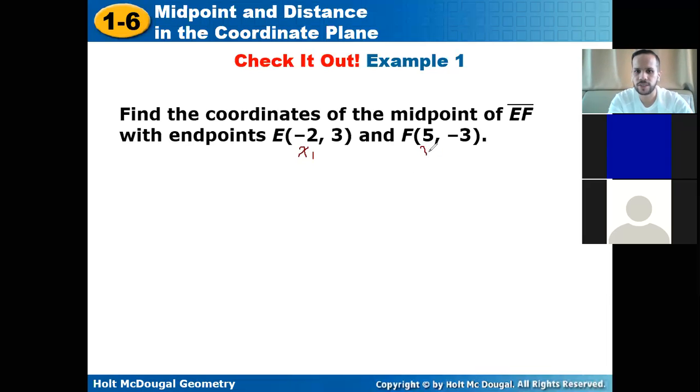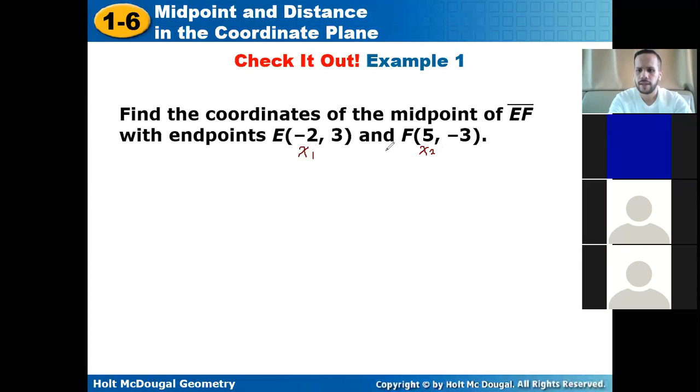So that is x2 because 5 is also in the x-axis. So the y-axis are what numbers? Lo que está en la Y. 3 y negativo 3. Exacto, perfecto. ¿Viste? No es difícil, okay? So it's going to be y1 and y2, okay?